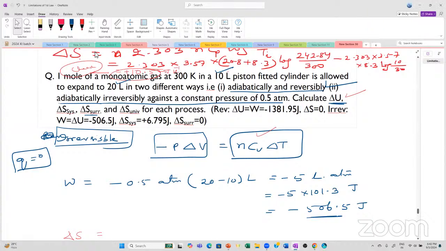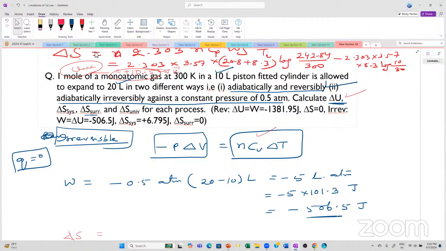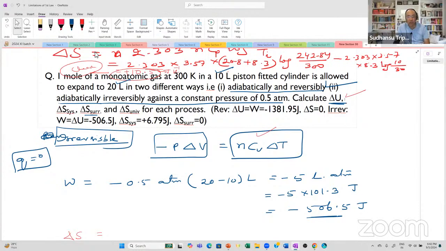Yes, sir. So in both the general expressions that we have, tell me one of them involving V2, V1. Rudra, tell us. Sir, nCv ln T2 upon T1 plus nR ln V2 upon V1. Yes. So the second one?